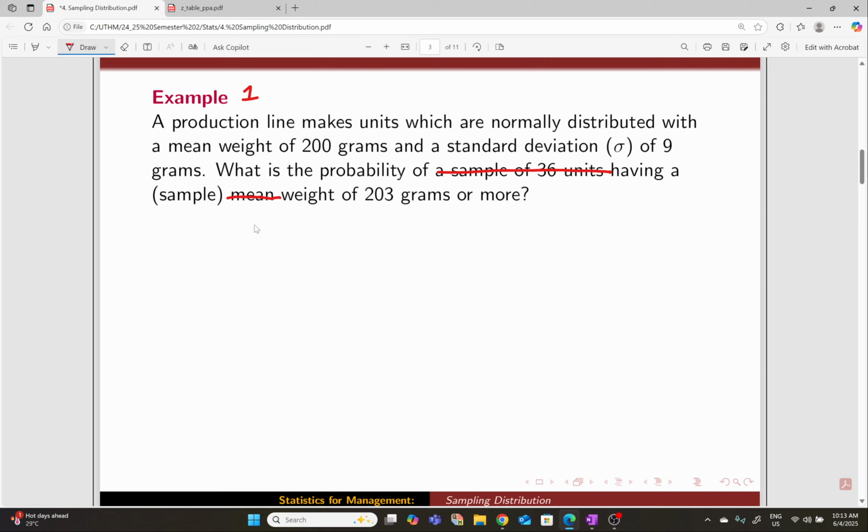What is the probability of having a weight? In this case, this is what we did in chapter 3, if I'm not mistaken, special probability, normal distribution. So we write it like this: X is weight, and we want to find the probability of X gram or more.